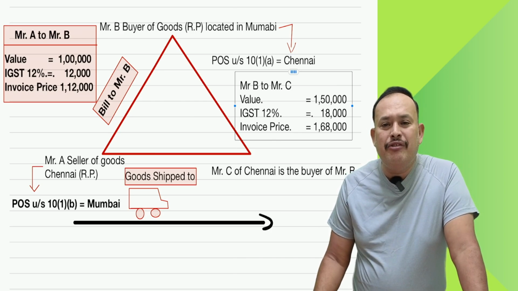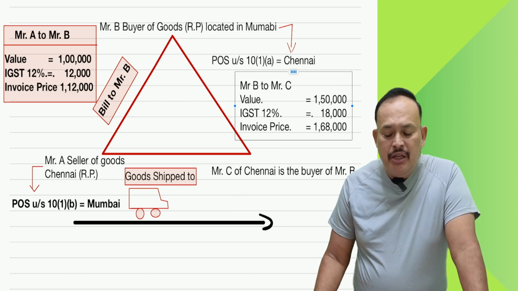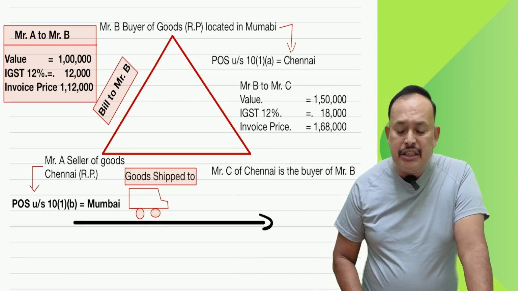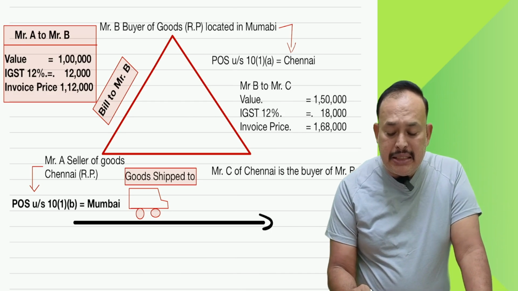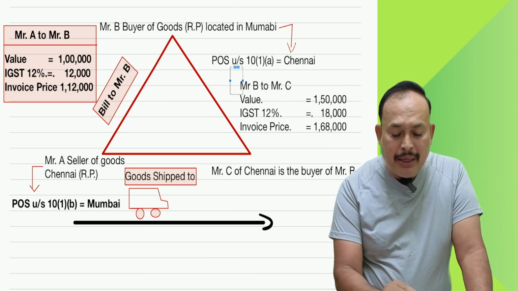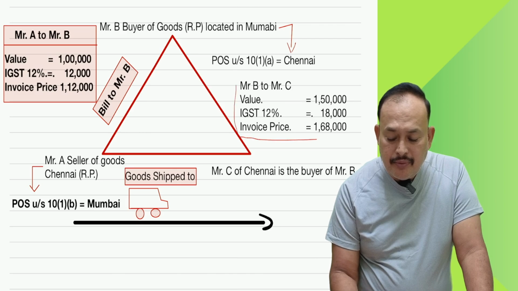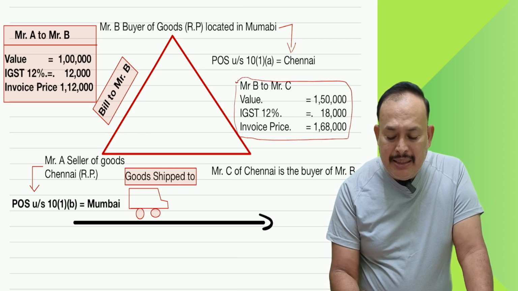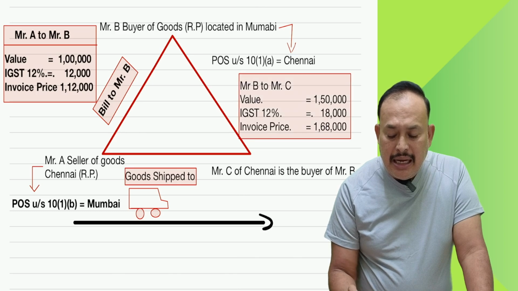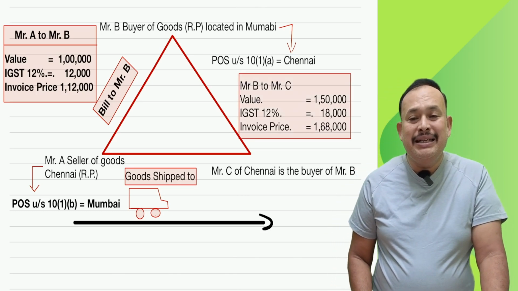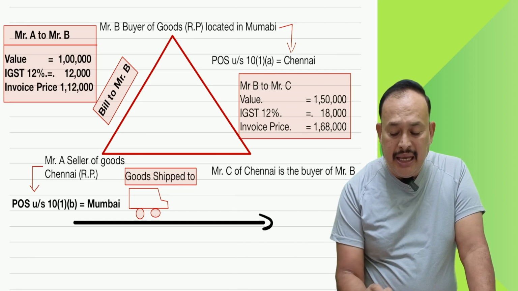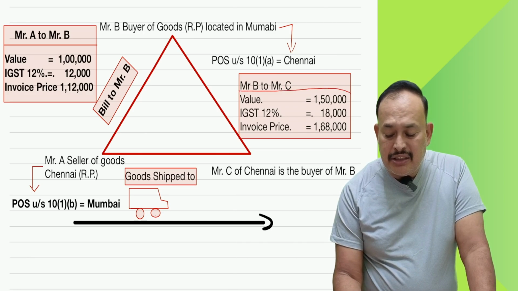So the invoice price is 1,68,000. So a transaction between B and C is also a supply. The place of supply will be decided according to section 10(1) clause A.